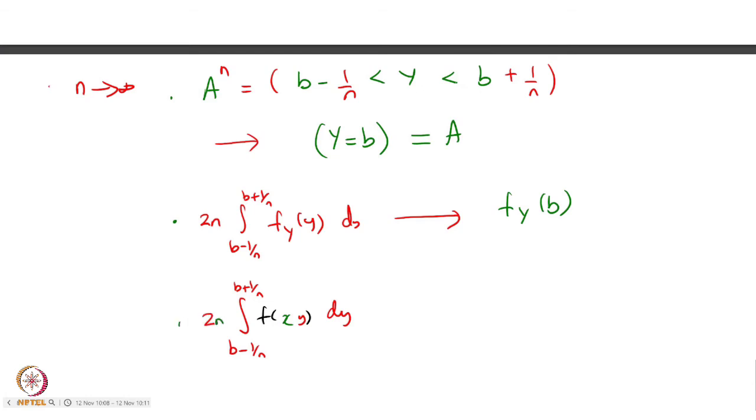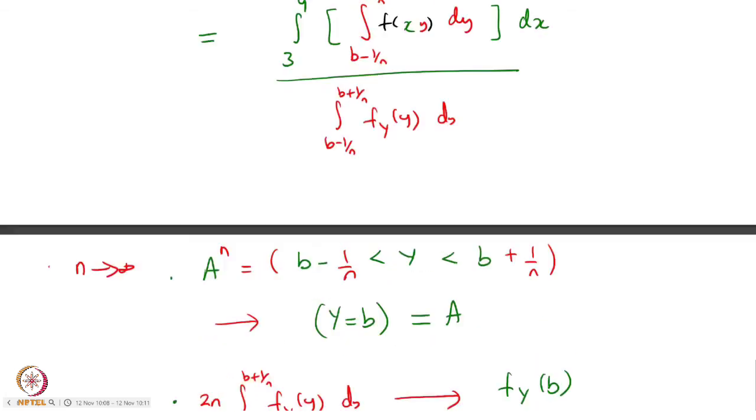Multiply this by 2n, this will also converge to f sub x at the point b. That's just calculus.